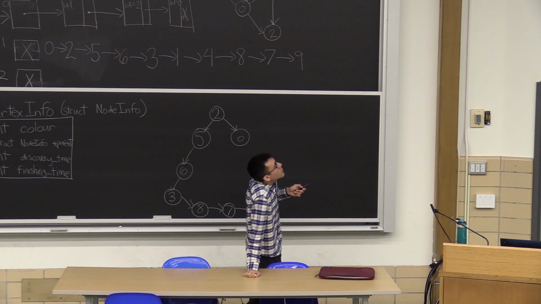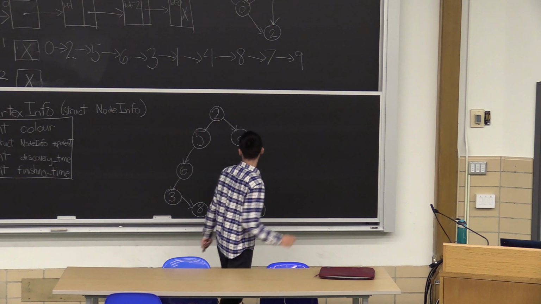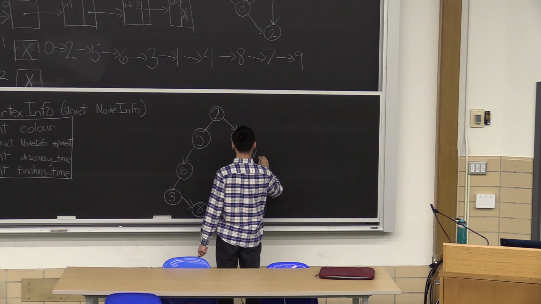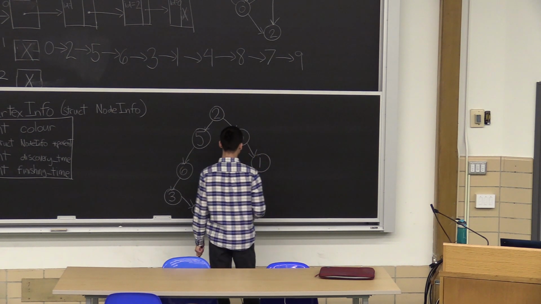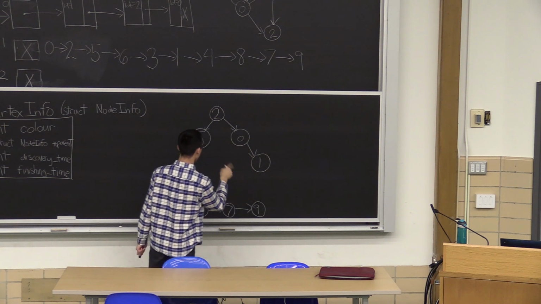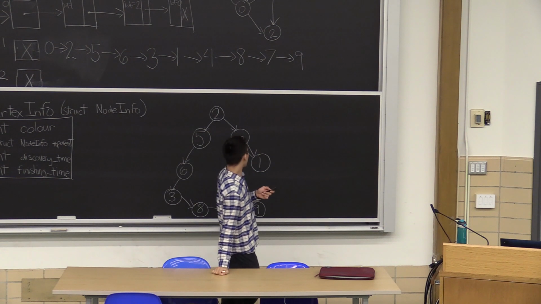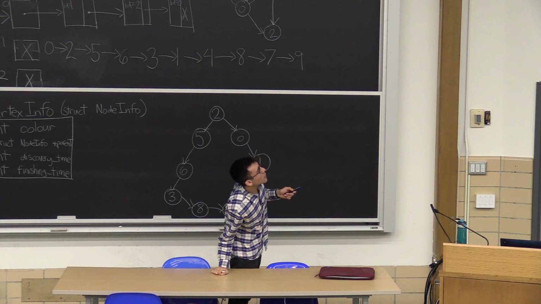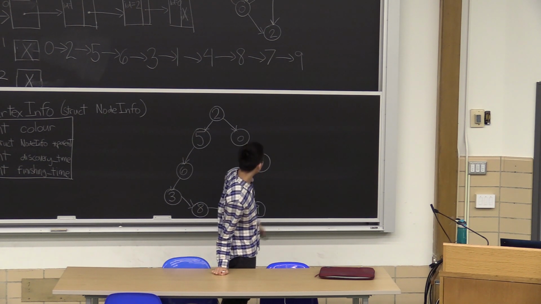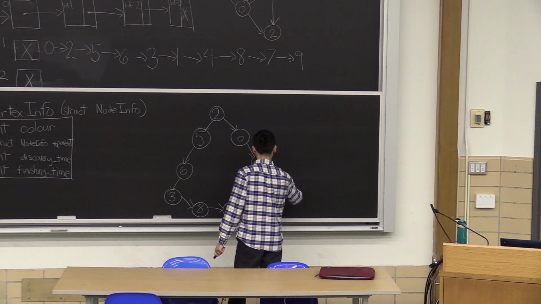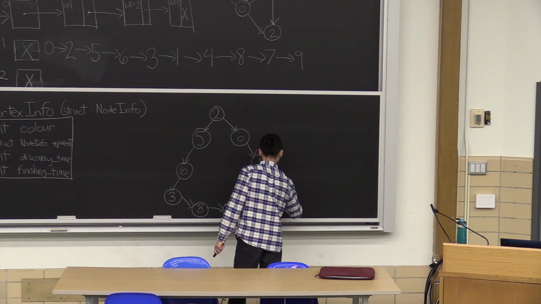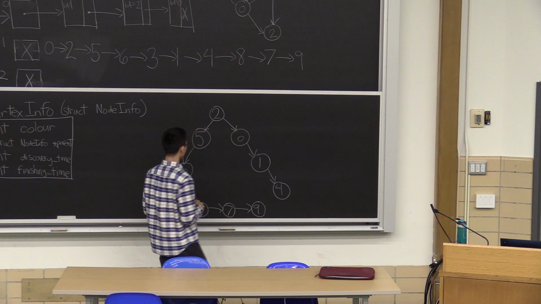So we have our 0, which we have over there with a parent of 2. And then we have our 1, which has a parent of 0. Okay. And then what am I missing? Oh yeah, number 4, which has a parent of 1. Like so.